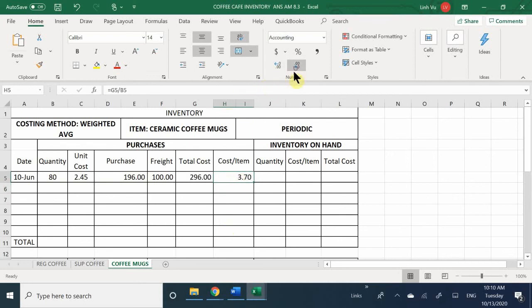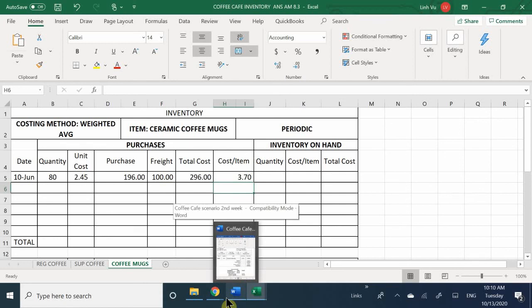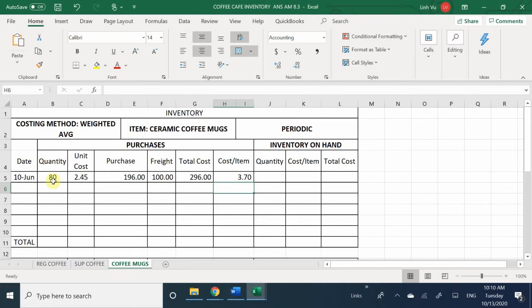Good, and it's even. That means when we start selling our items, this is what it's going to reflect. It's going to reflect that it is $3.70 per cup that we are going to sell. Okay? And that's how you utilize your inventory worksheet for your periodic inventory, right? That doesn't mean we're not going to see examples of perpetual inventory, right?